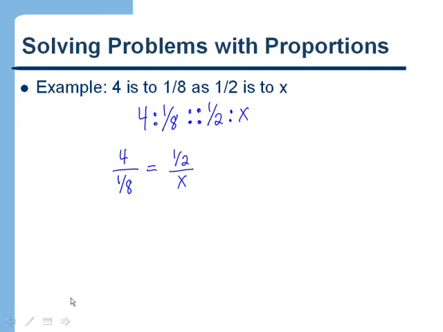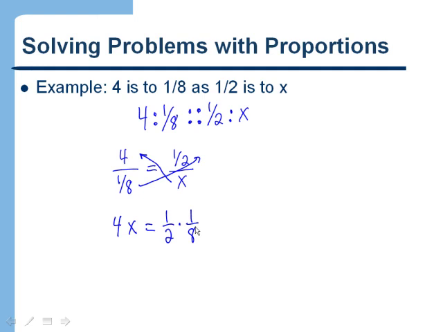So what we're going to do here is cross multiply. Again, I'm going to bring the x up to the top here, and I'm going to bring the 1/8 over here. So I have 4 times x is equal to 1/2 times 1/8. And we know how to multiply fractions.